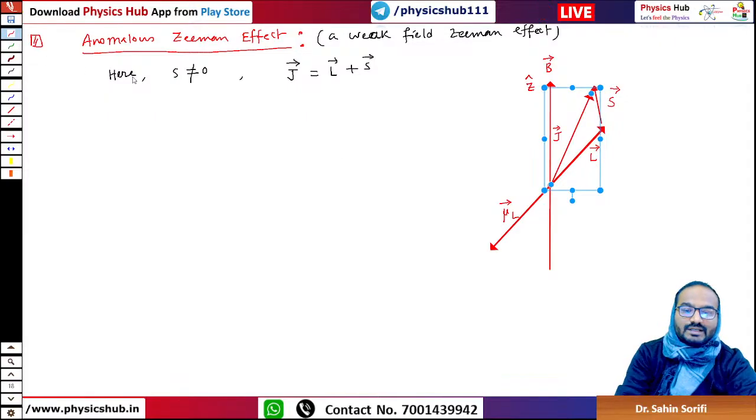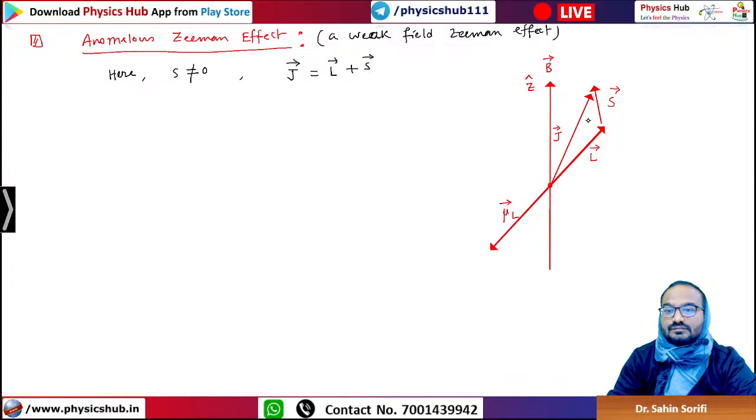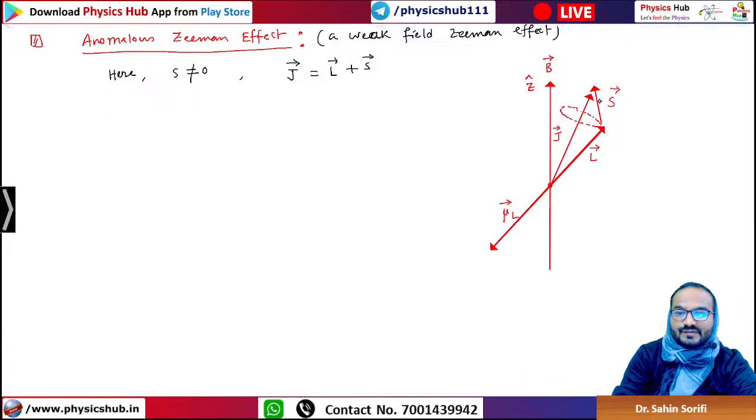Now let us show the rotation of L. L will precess, not rotate, precess about J. And this J will precess about the magnetic field direction.